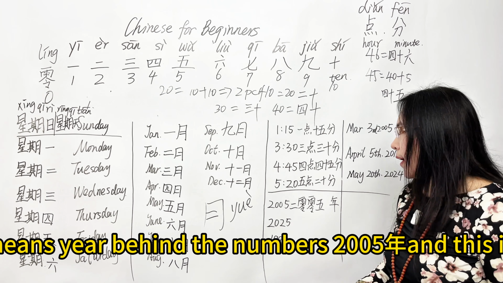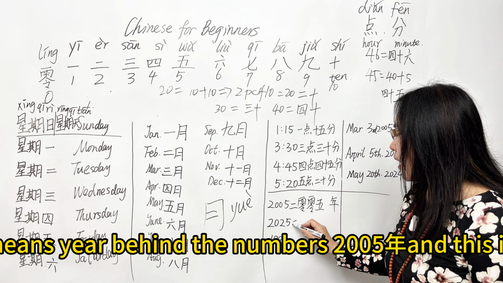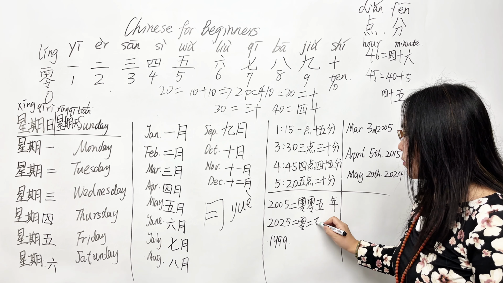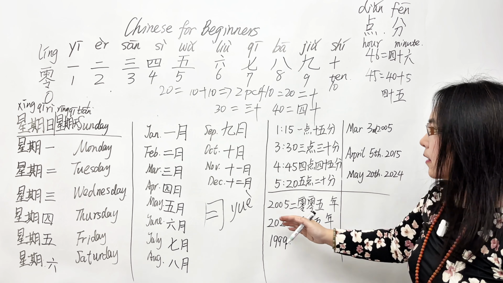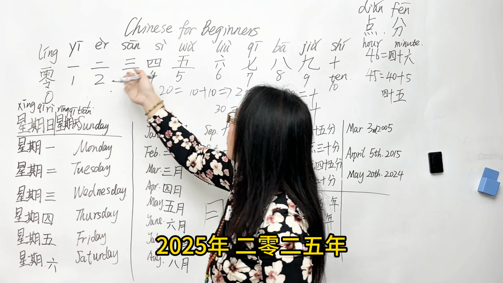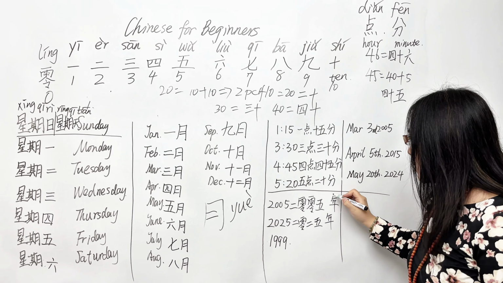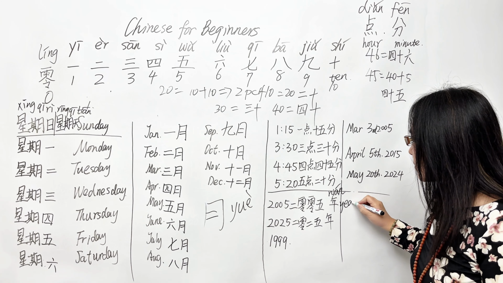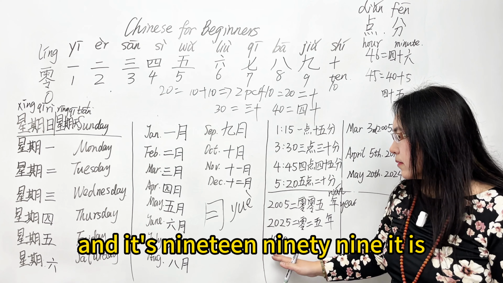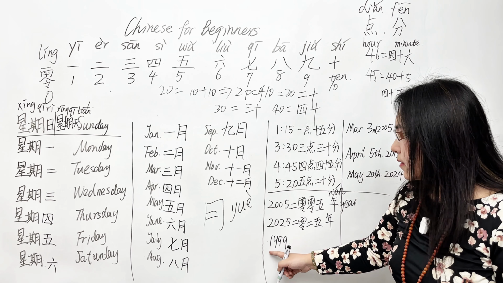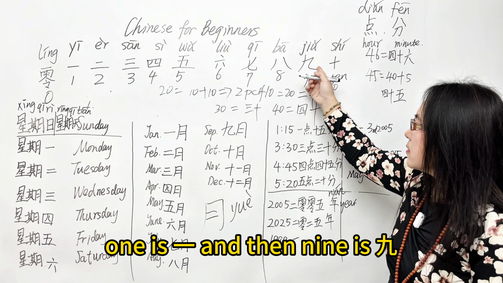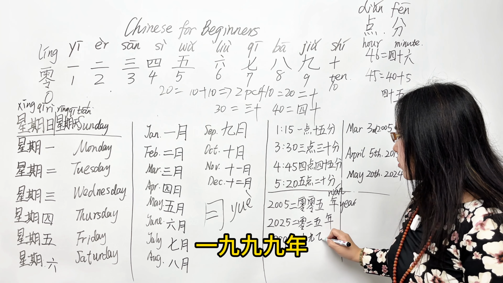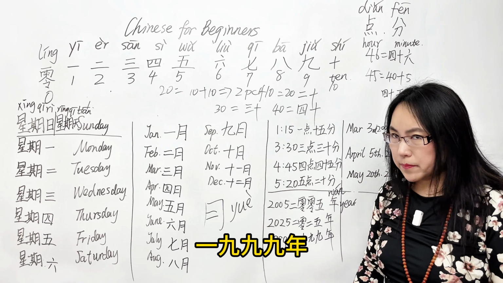And this is 2025年. 年 means year. And 1999, 1 is 1 and then 9 is 9, 1999年.